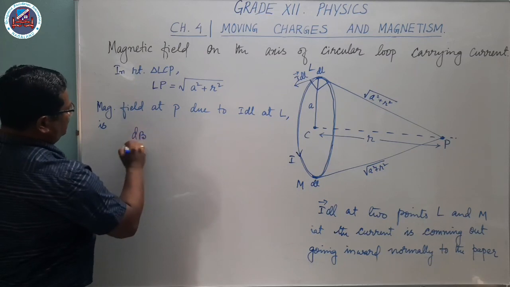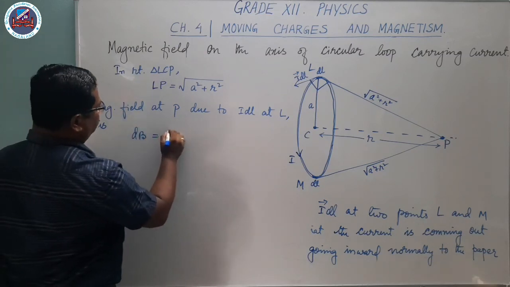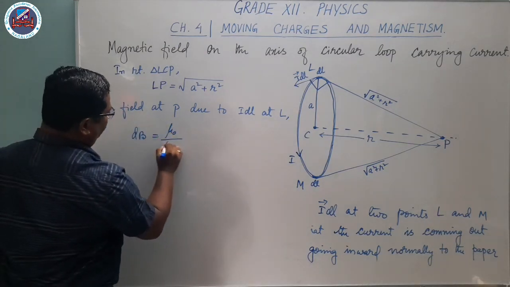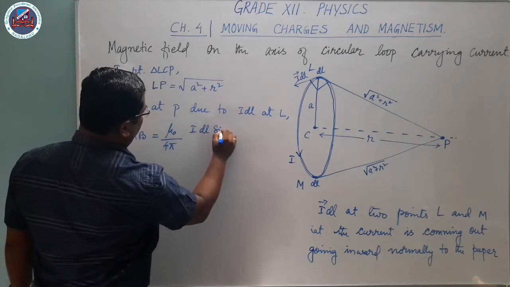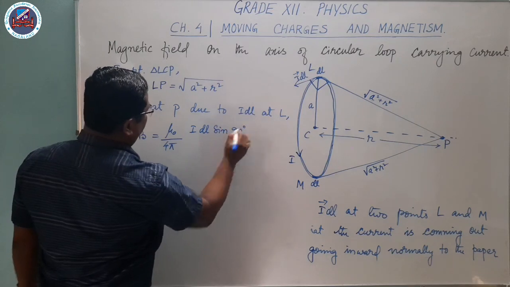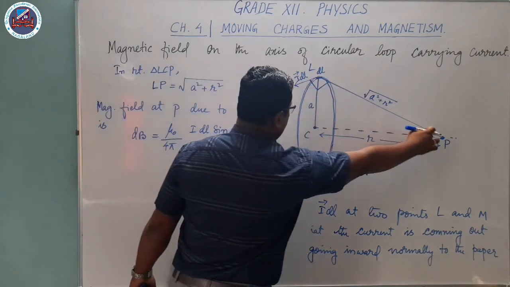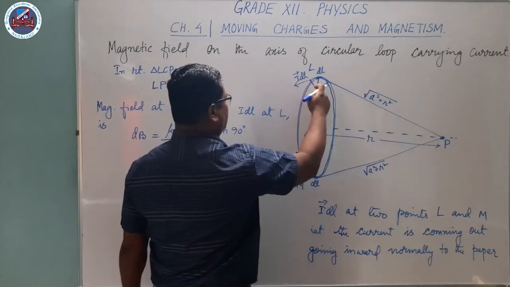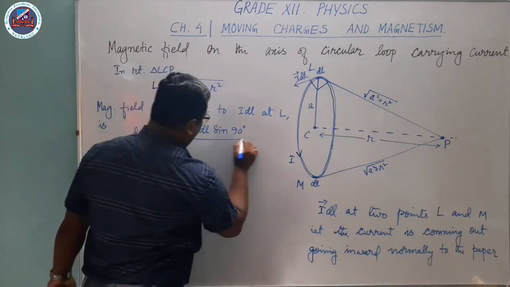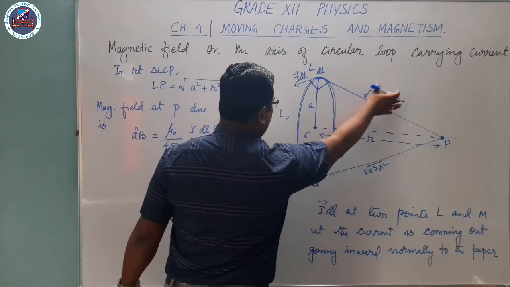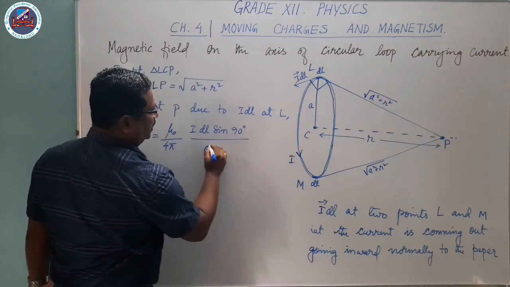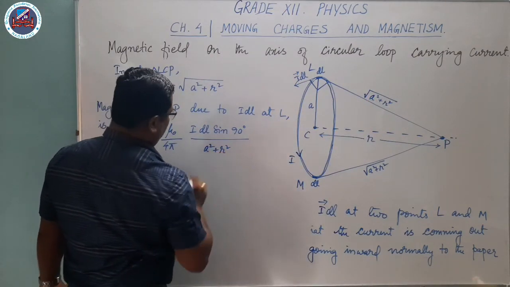dB equal to mu naught divided by 4 pi, Idl sin theta, where theta is 90 degrees between this distance and this Idl, divided by distance square. If you square the distance, the root will vanish, and it will be a square plus r square.